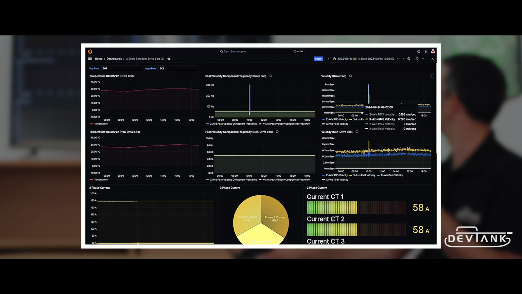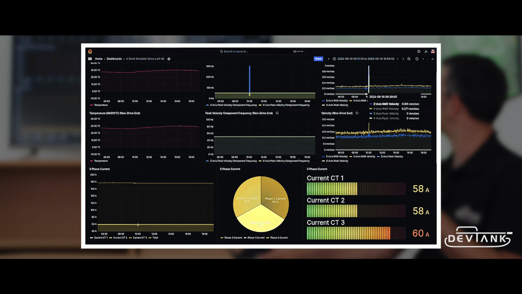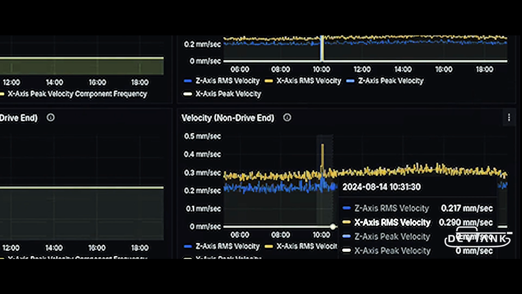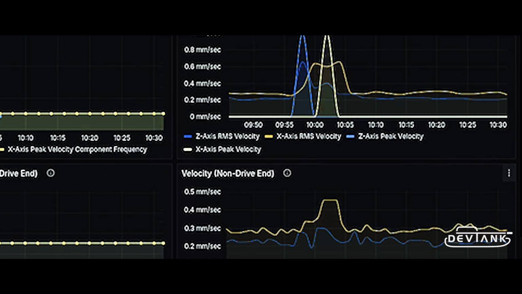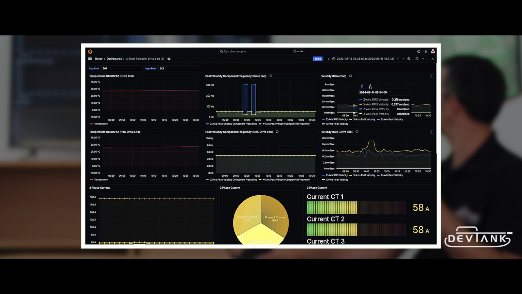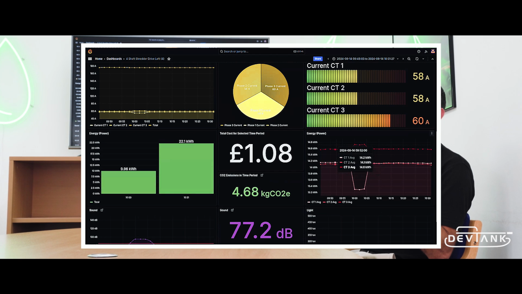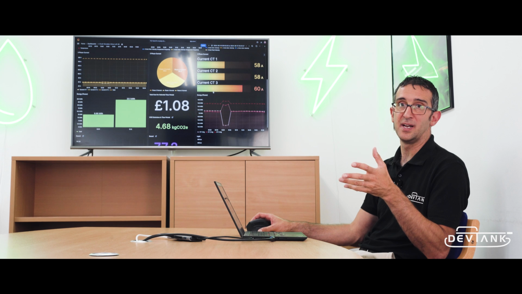So it's all really interesting stuff, and you can see the peak there on velocity at the drive end and the non-drive end.